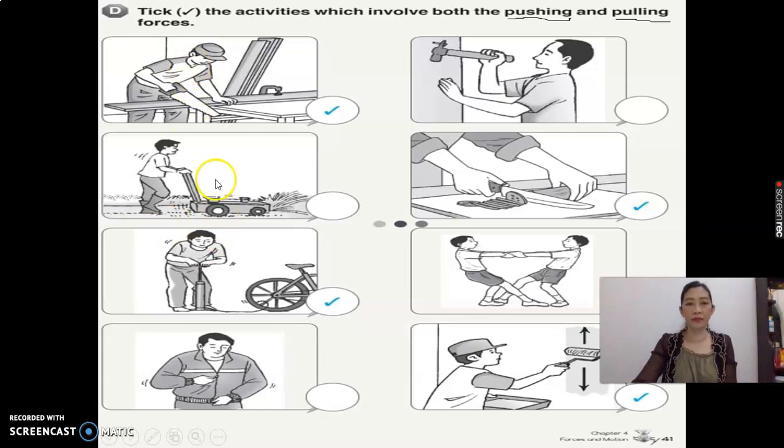Number 2, only pushing. Number 3, pulling, pushing, pulling, pushing. That's why I have a tick. Number 4, no tick. Number 5, okay. Number 6, pushing, pulling, pushing, pulling. Okay, have a tick. Then tug of war.